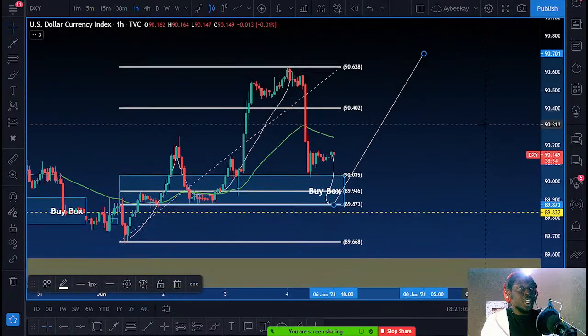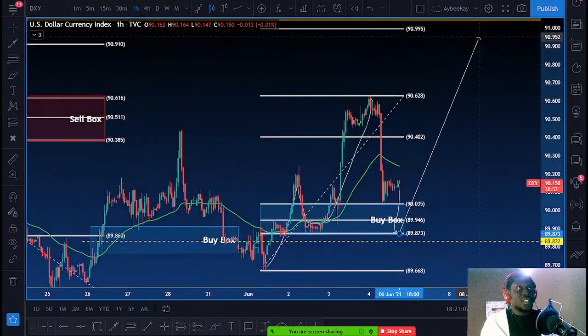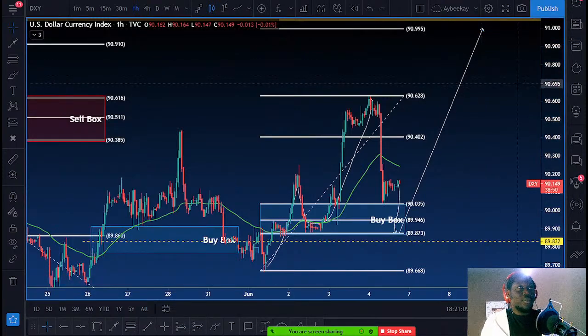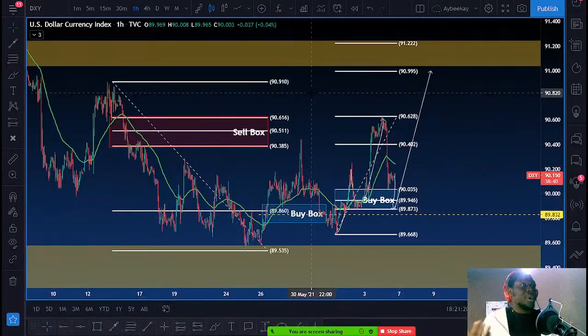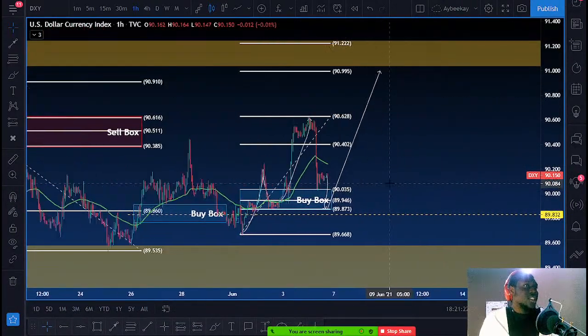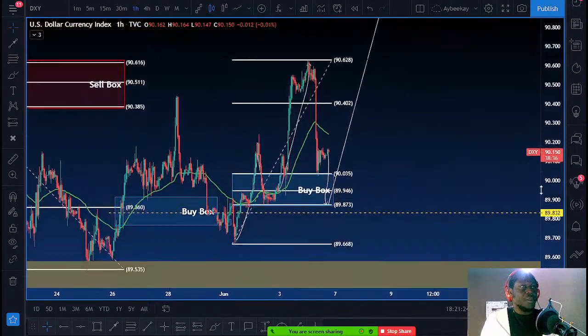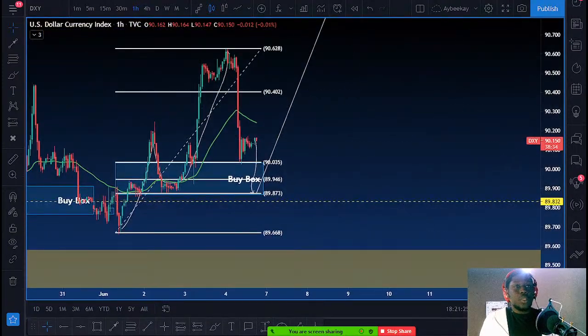Price continuing to the upside, making higher highs, come up to like 90.995, then that would definitely make this sell idea right here invalid, and that will be my confirmation to be like, okay, yes, the DXY is indeed going to go bullish, right? So let's go over and see what arbitrage looks like.